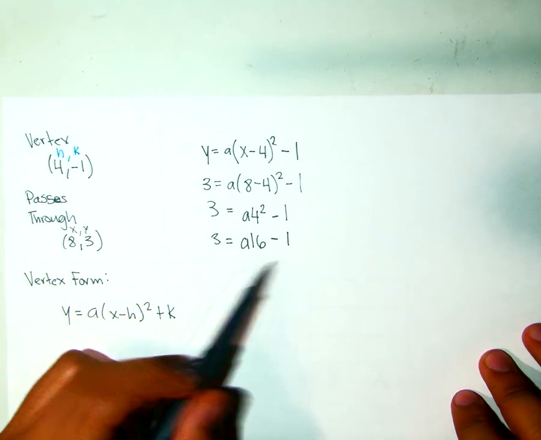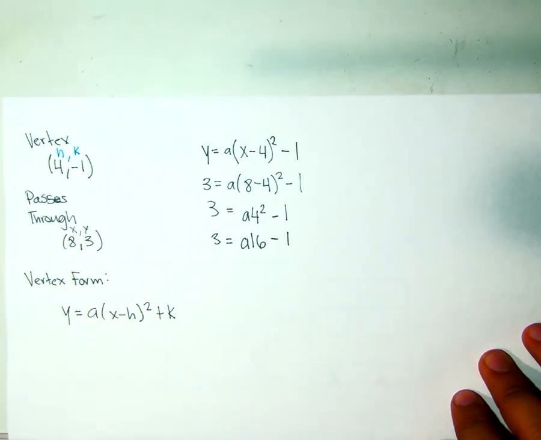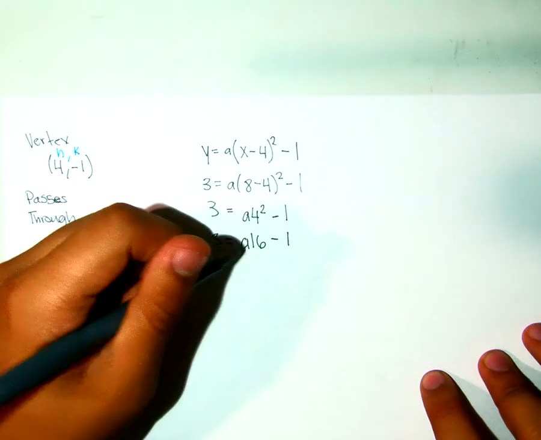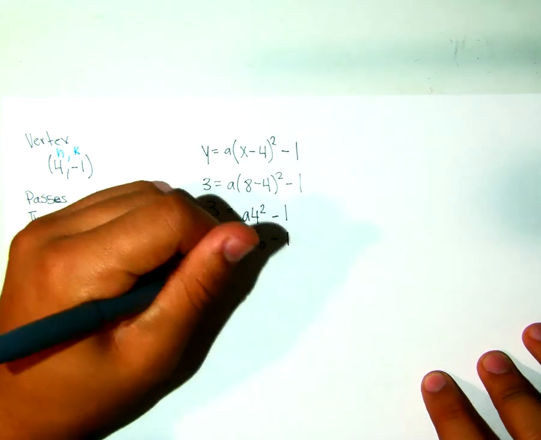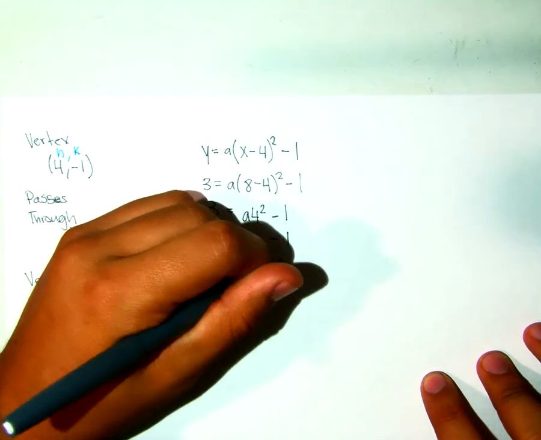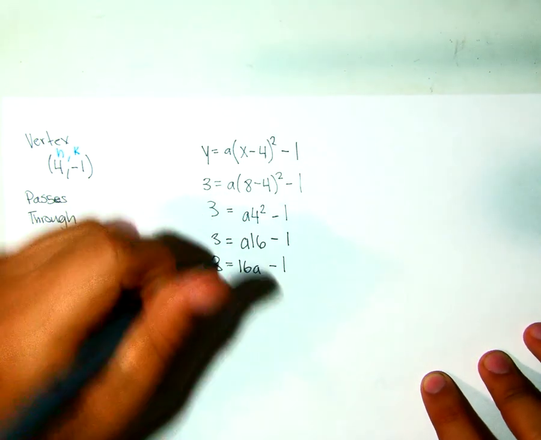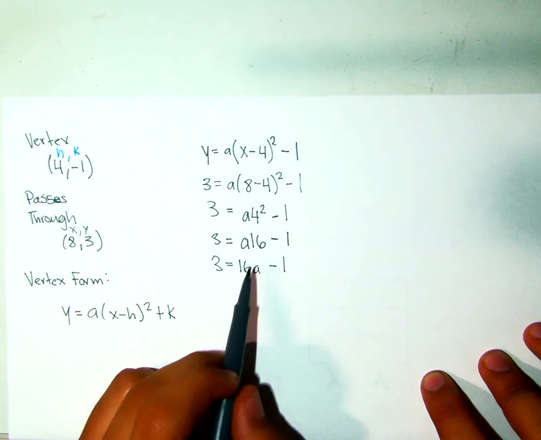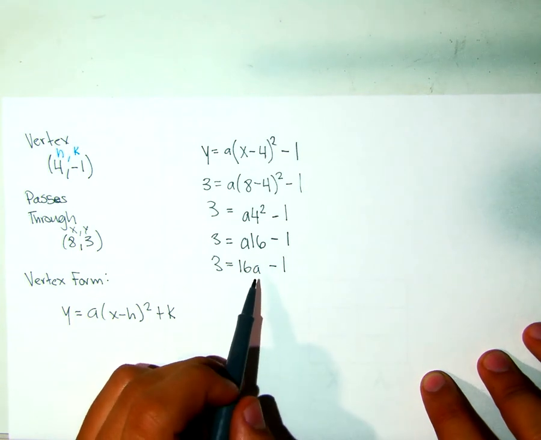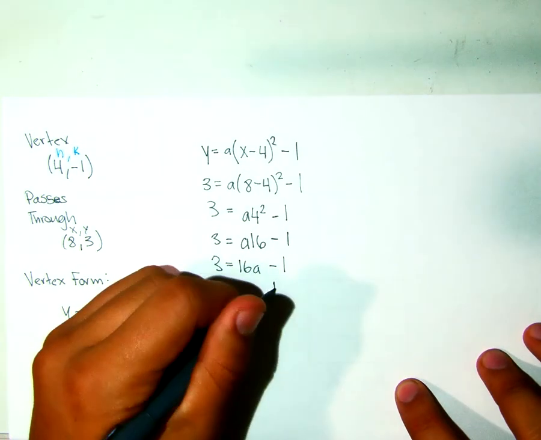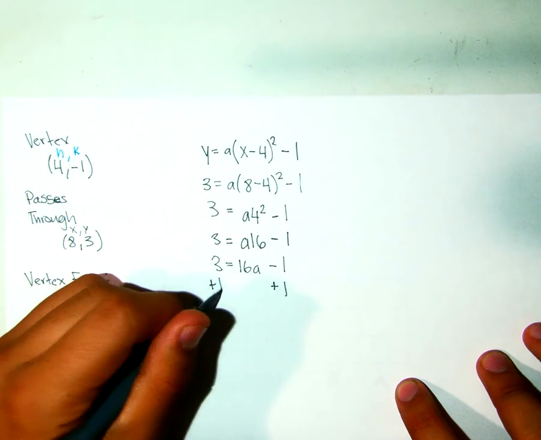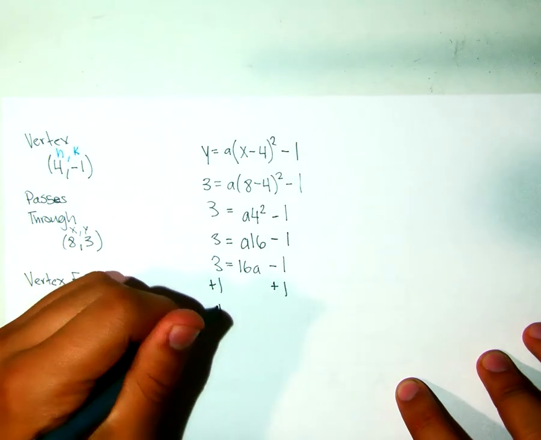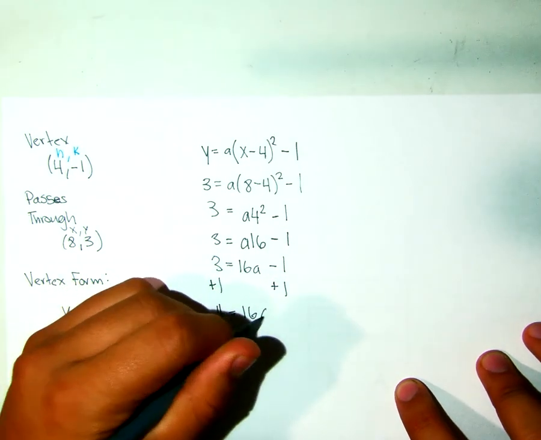You got to add 1 to both sides. Because normally we would write a16 as 16a. That's multiplication, okay? So we can't subtract 1 from 16. A16 is really 16a. So like you guys said, add 1 to both sides. So now we get 4 equals 16a.